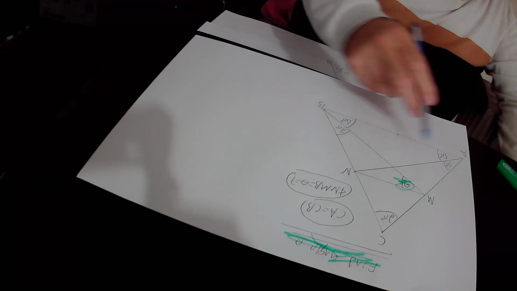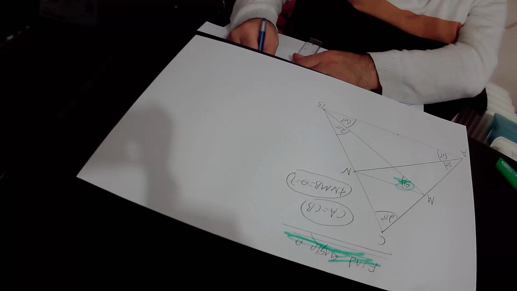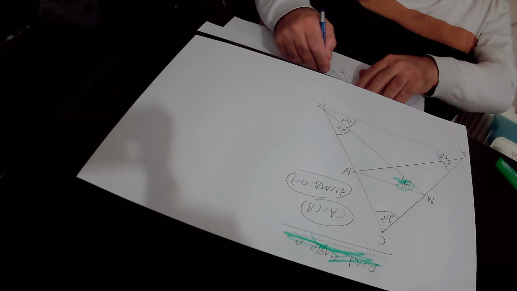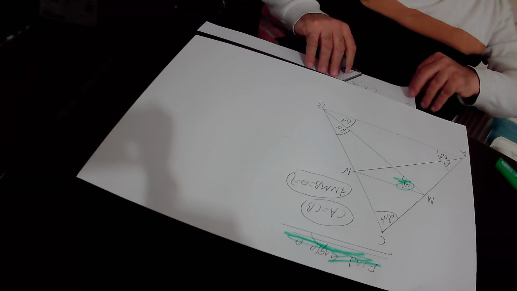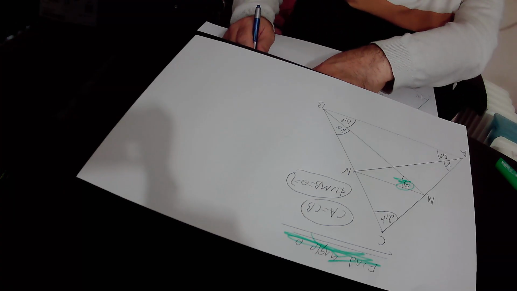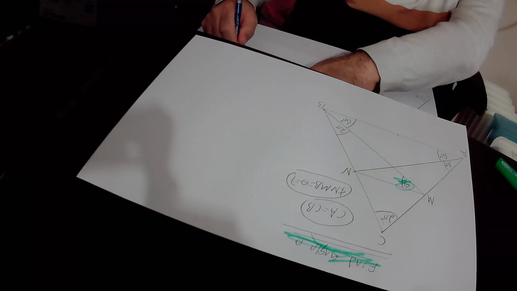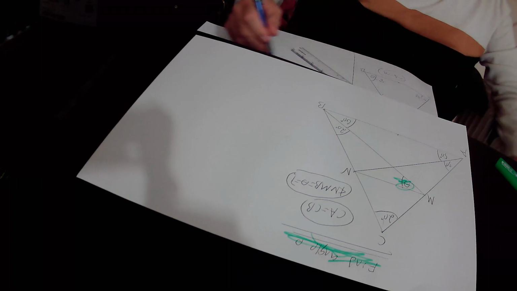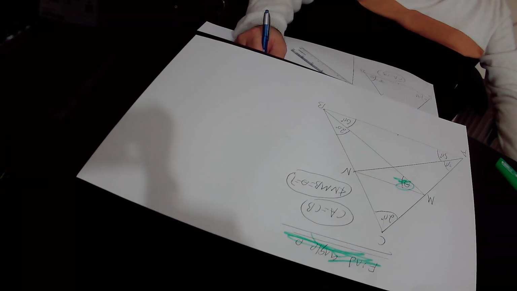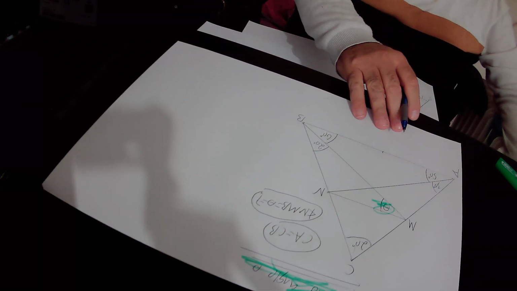In the next step, I will copy triangle NAB in a new page and we will analyze it. Angle NAB equals 50 degrees in its size.